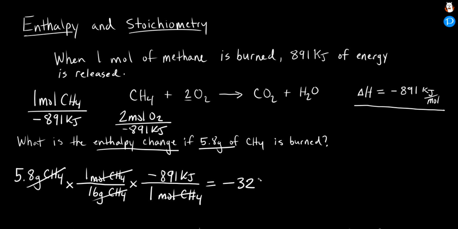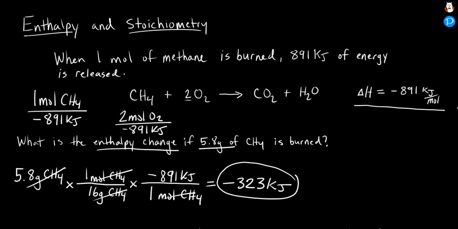I'm going to round. It says 322.98. I'll round it to 323 kilojoules of energy. So this would be the enthalpy change, or in other words, the amount of energy released if this amount of methane is burned.